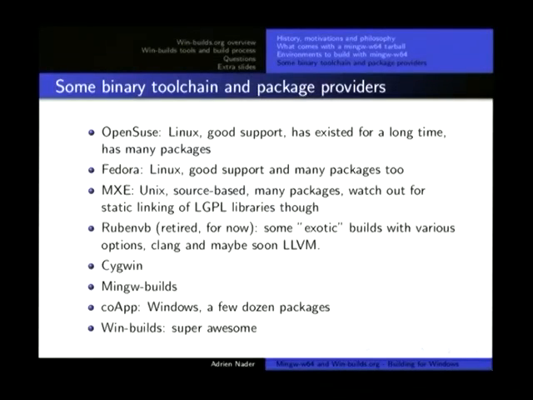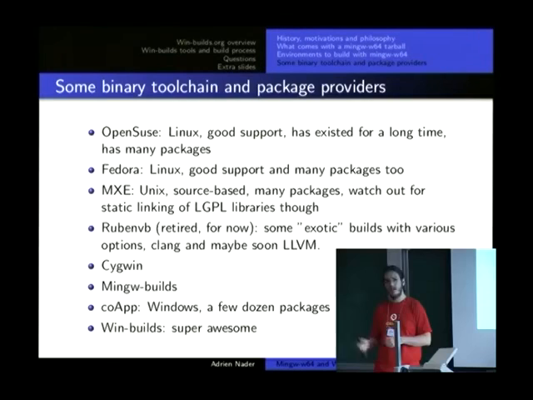One thing is that there are almost as many MinGW distributions as Linux distributions, people who make binaries of toolchains and possibly libraries and other executables. So openSUSE and Fedora have teams which handle that.